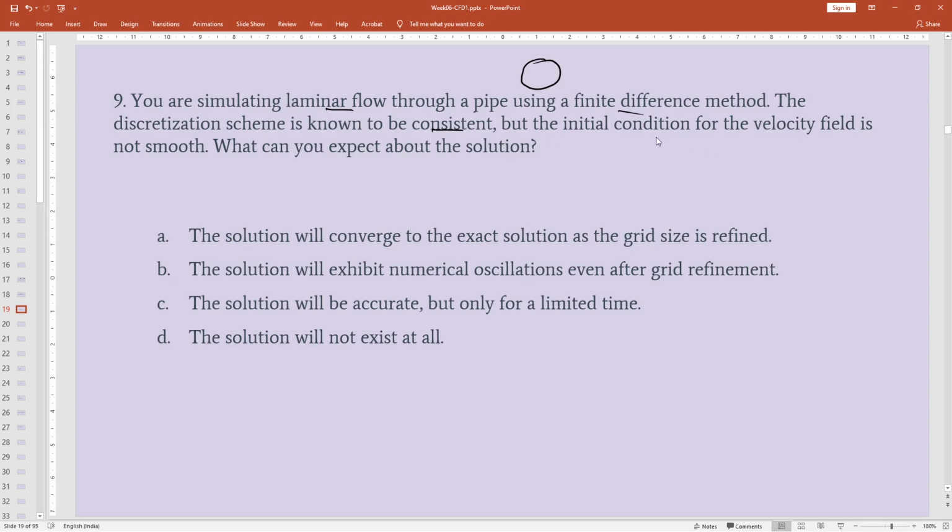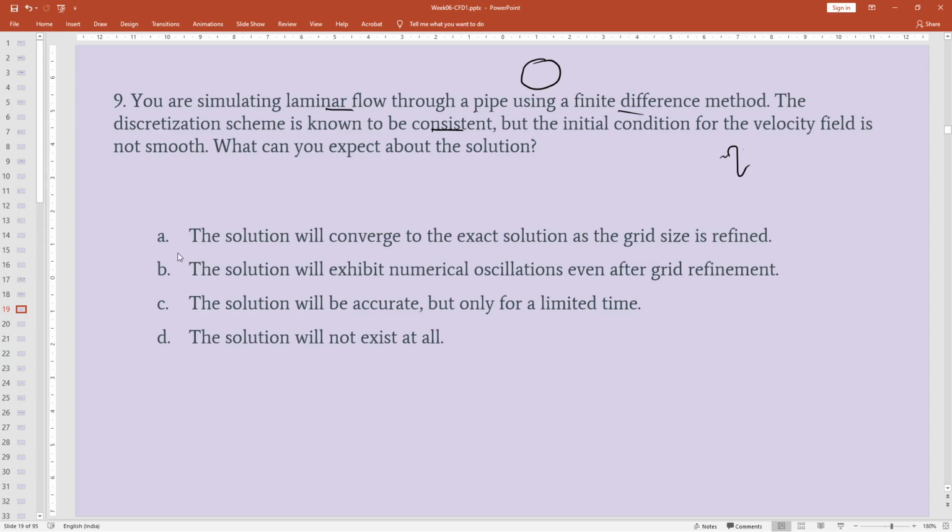But our initial condition for the velocity field is not smooth. It can have discontinuities or sharp changes. Maybe it may be a pulsatile velocity, or it can have sharp ups and downs or something like that. So what can you expect about the solution? The question is about the nature of the solution.